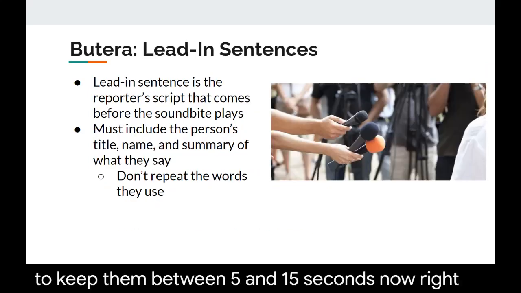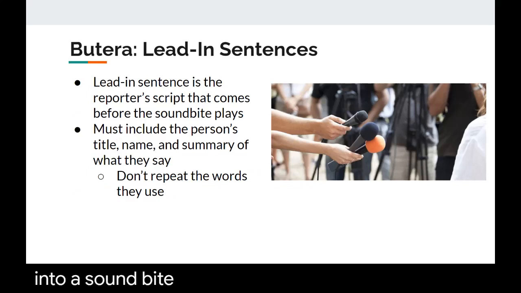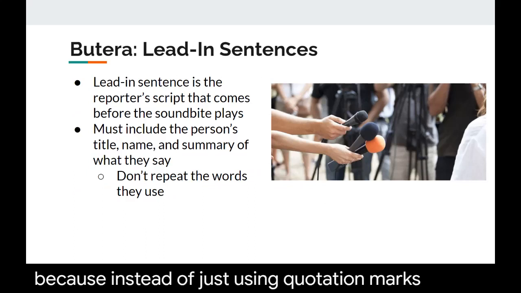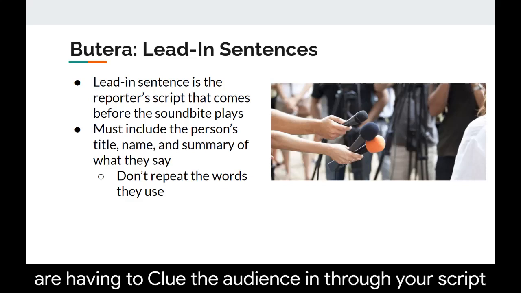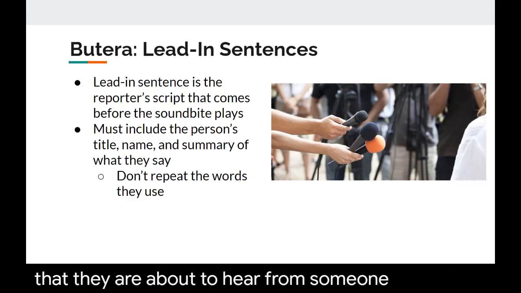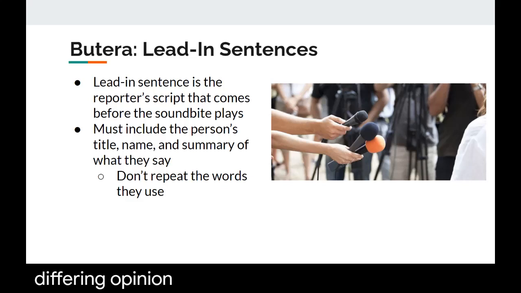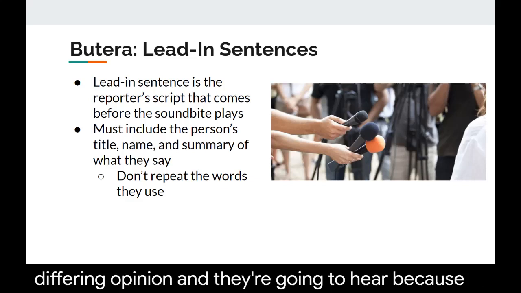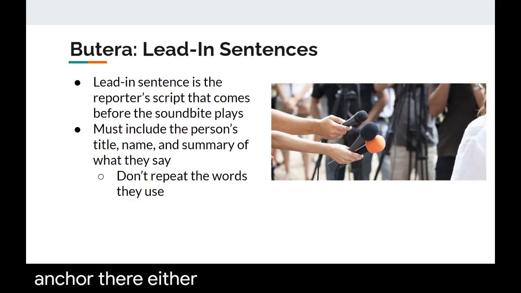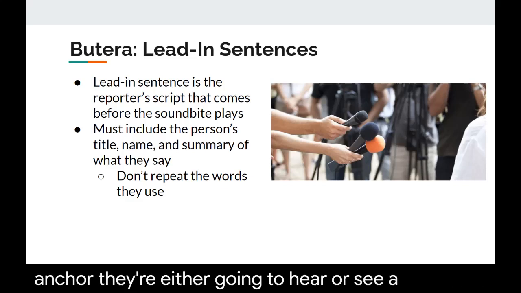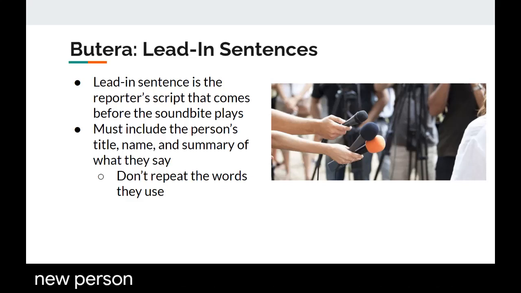Now, writing into a soundbite is really important for broadcasting because instead of just using quotation marks, you have to clue the audience in through your script that they are about to hear from someone who has a differing opinion. And they're going to hear the change in audio too, because instead of hearing your voice as the reporter or the anchor, they're either going to hear or see a totally new person in the report.